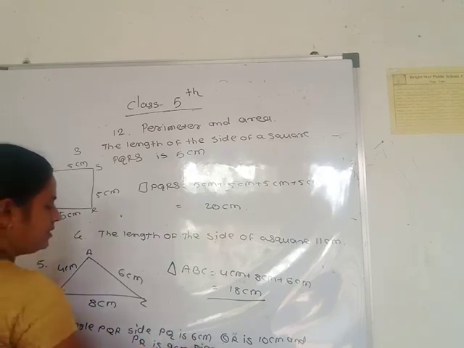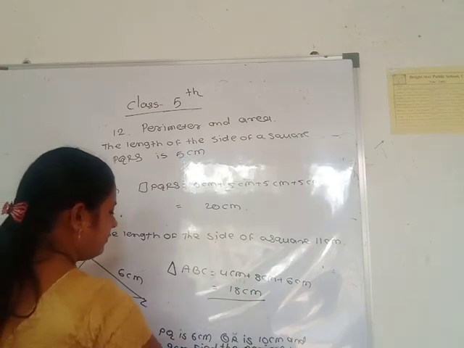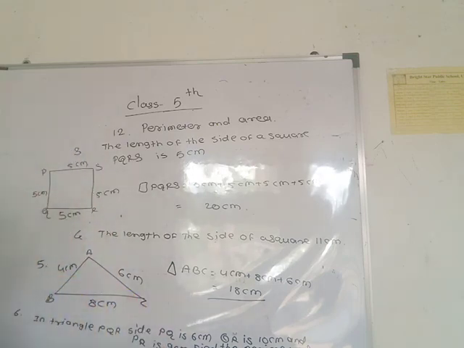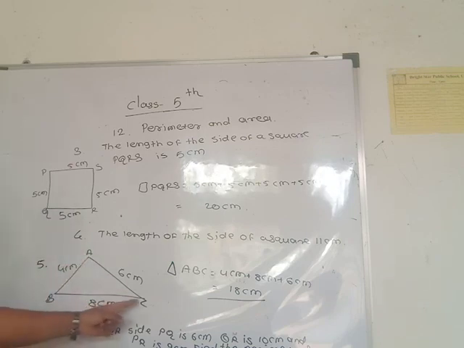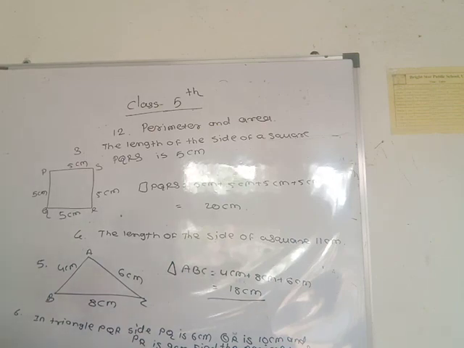Find the perimeter of this triangle. Then you draw the figure of this triangle. Then you name it PQR. PQ is 6 centimeter, QR 10 centimeter and PR 9 centimeter. Then you write: perimeter of this triangle PQR is equal to the sum of all three sides. Then you do the addition and find the perimeter of this triangle.